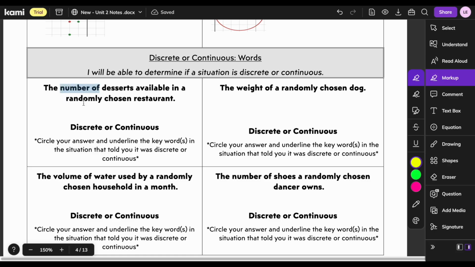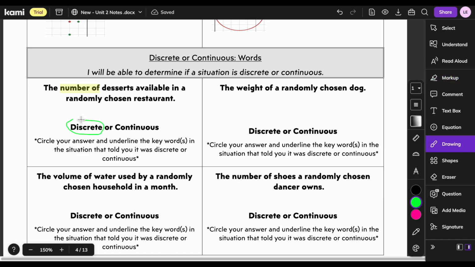And number of refers to counting. So I'm counting each of those desserts, and because of that, it is going to be discrete. All right, so you've circled your answer and you underline the keywords. So I highlighted that number of desserts. That is the keywords for me.